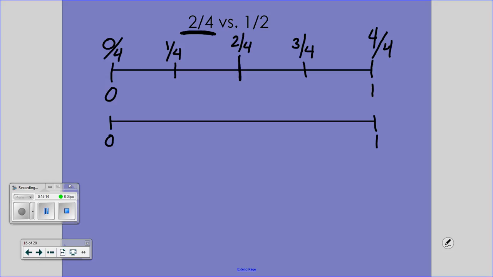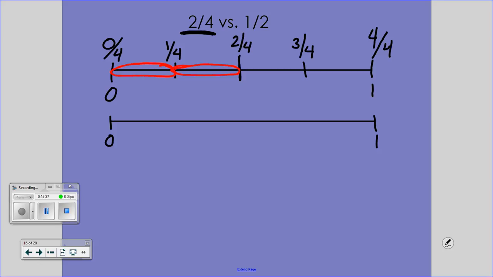When I count and space out the number lines, do I count the tick marks? No, I count my spaces. So I'm going to make my bubble, or you can make little hops, whatever works for you. Here's my 1/4 space and my 2/4 space.